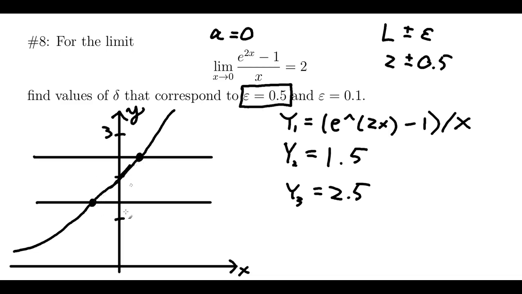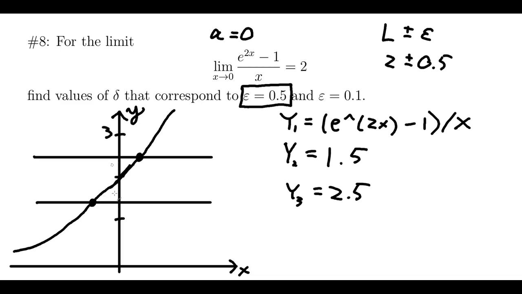So what we need to do is find out, here's 0. This is asking us how far away from 0 can we go, how large a radius, how much variation can we have in x, and still keep all of the function values within 0.5 of 2.